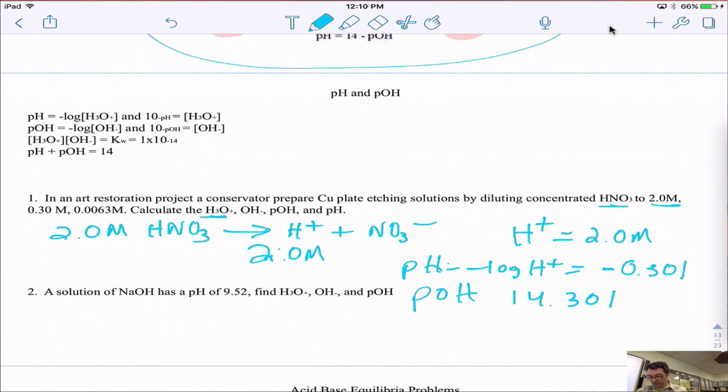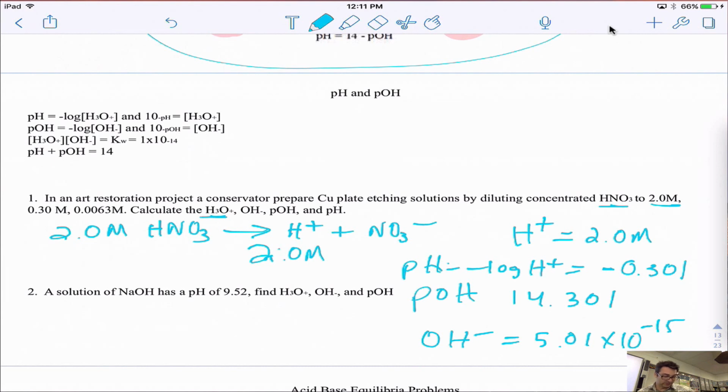And now if I want to do the antilog of that, I would do 10 to the negative 14.3. So I would get something really, really small, which would be 5.01 times 10 to the negative 15.